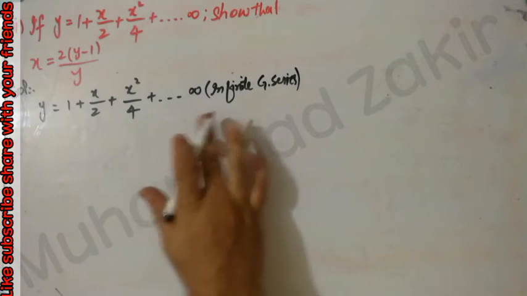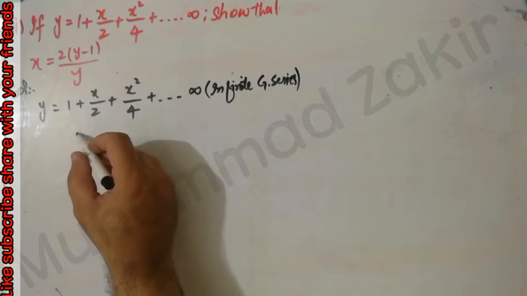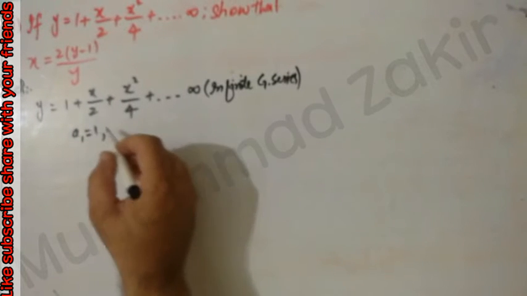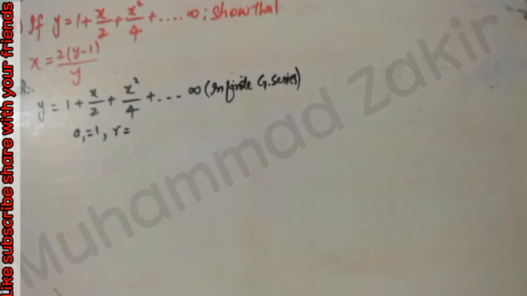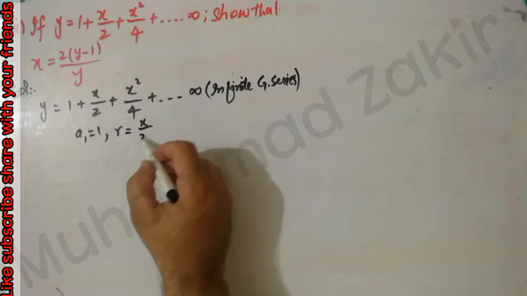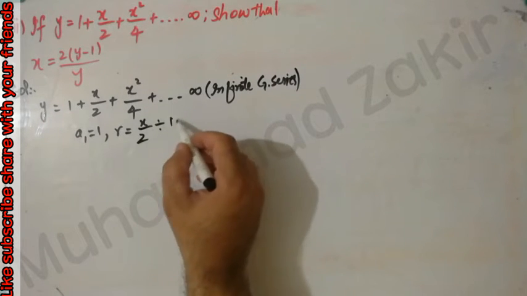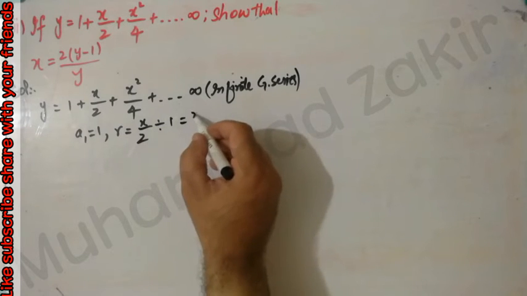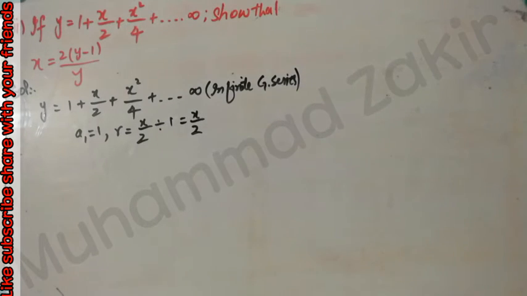This right hand side is an infinite geometric series whose a1 is 1. And in a geometric series we have r. R is the second term divided by the first. X by 2 is the second term divided by the first term, which is 1. Obviously something divided by 1 means the value x by 2. So it's quite easy to see. R is found, a1 is found.